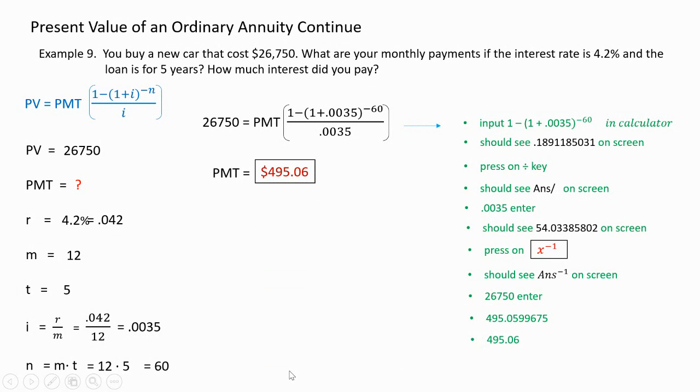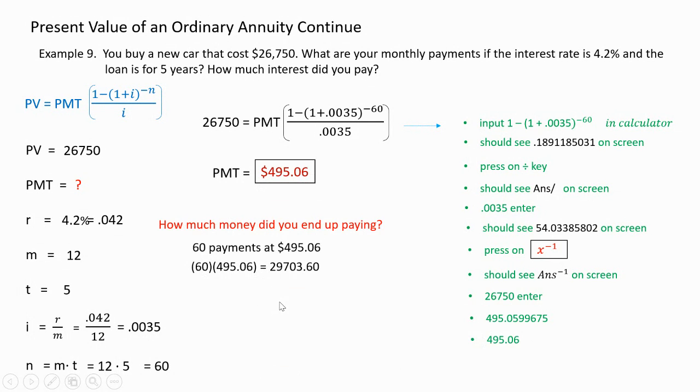Okay, now how much extra money did you end up paying, right? The extra money is money in interest. So let's find out. We're going to multiply the payments times 60, right? Because there's 60 payments. So you multiply those out, you end up paying $29,703.60.